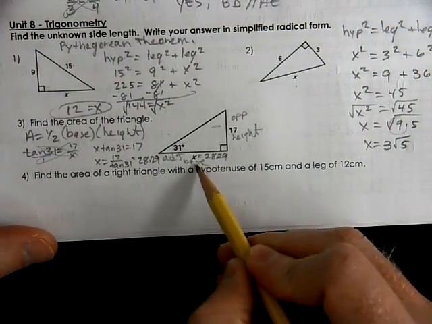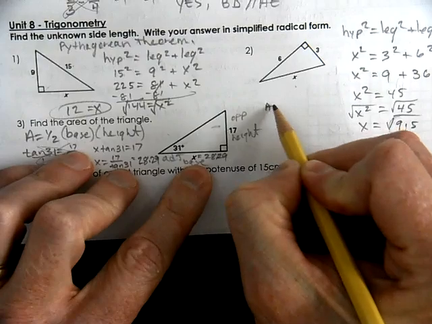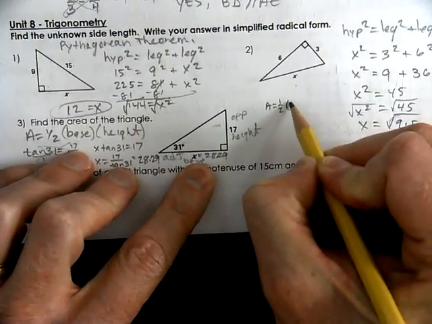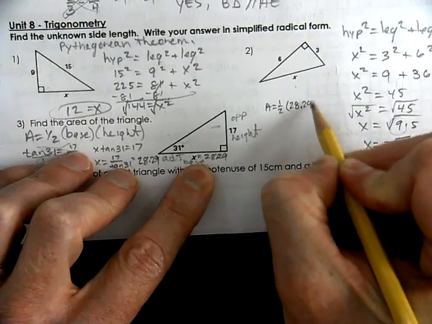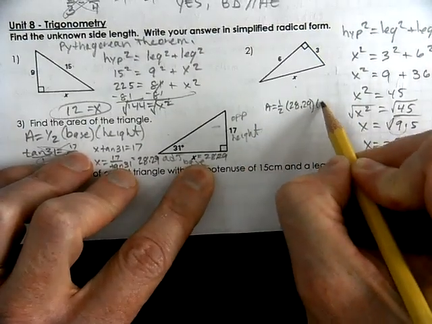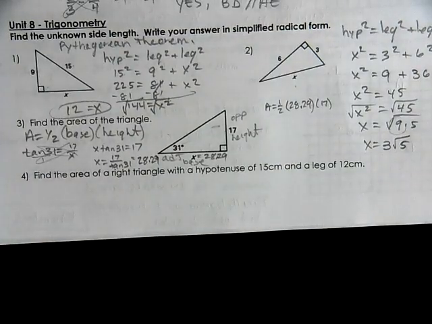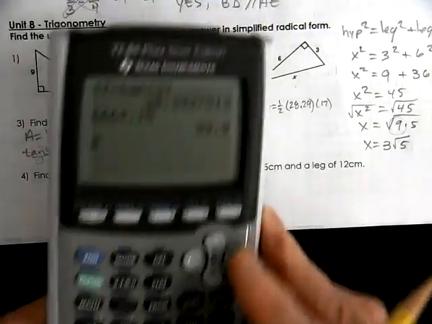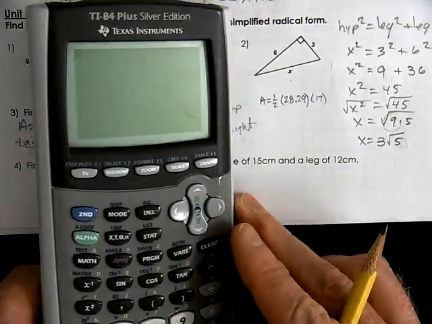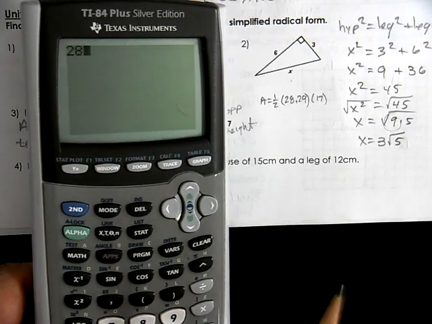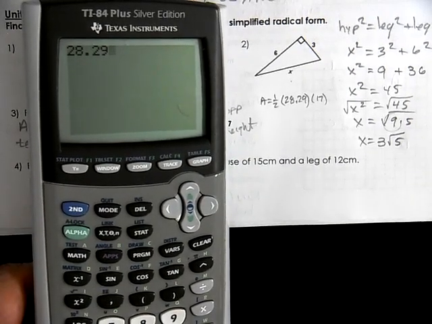And then to find the area, don't forget what we're doing. The area is half the base, 28.29, times the height, which is 17. So we've got 28.29.